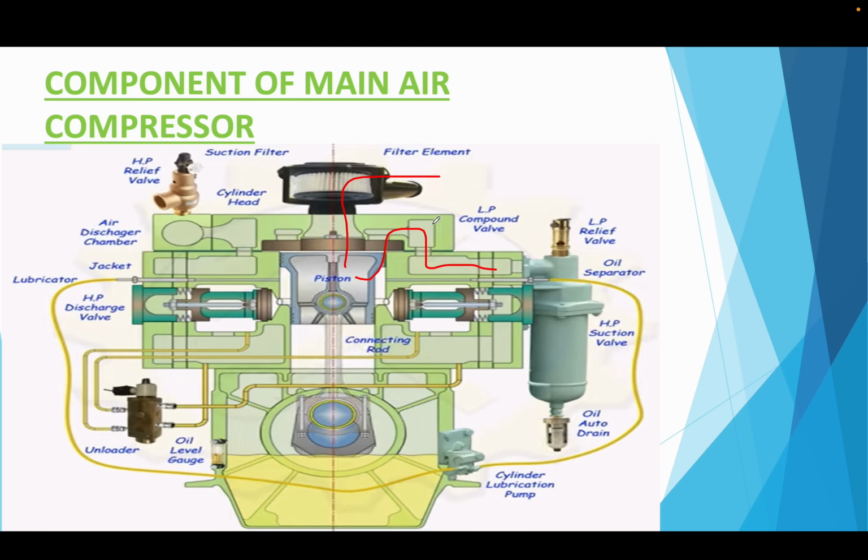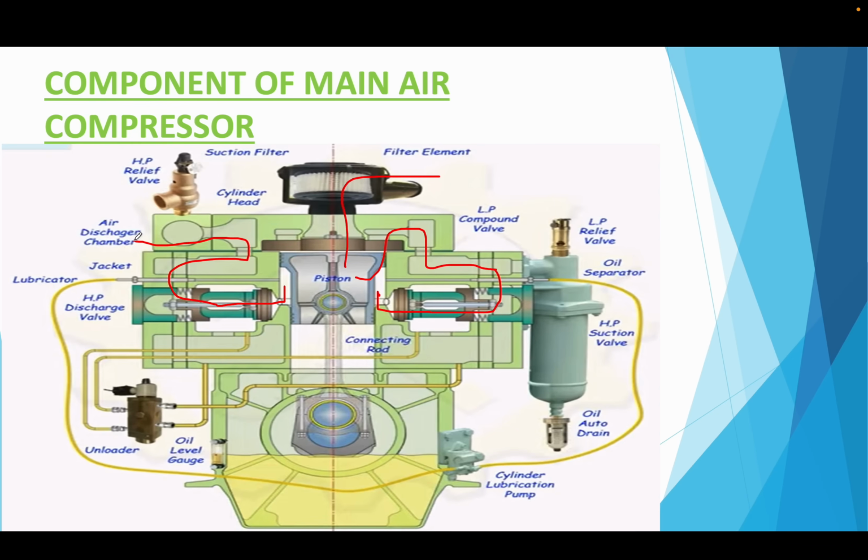In this intercooling process, the volume will decrease and the volumetric efficiency will increase, and after that it will go inside the suction of the second stage here. After that it will come out from here, discharge, and it will go here, and it will be aftercooled, and then it will go to the air bottle.